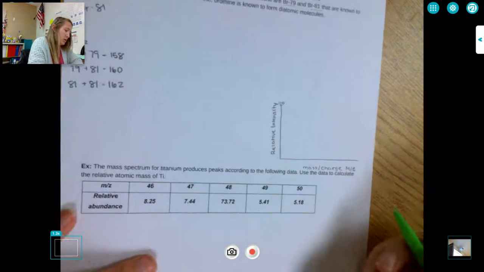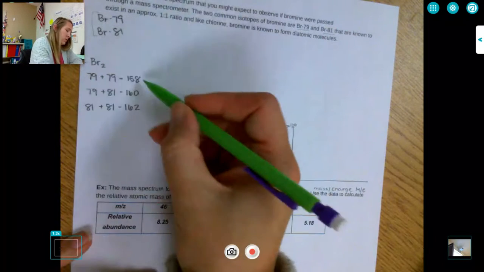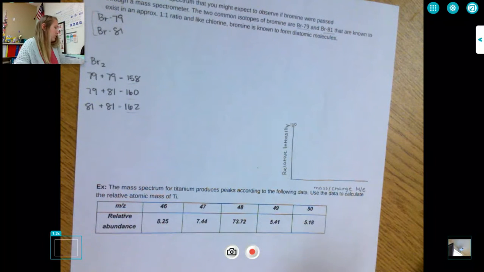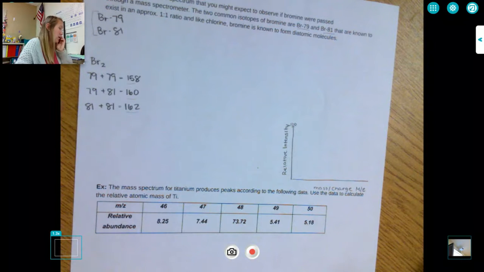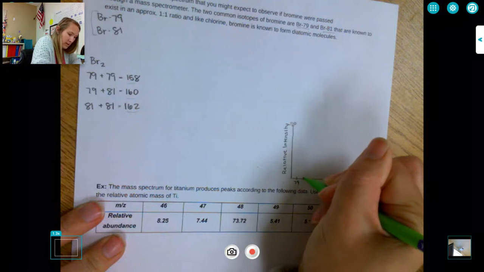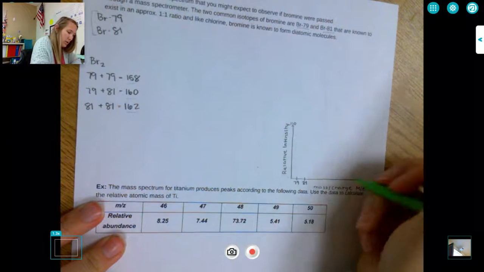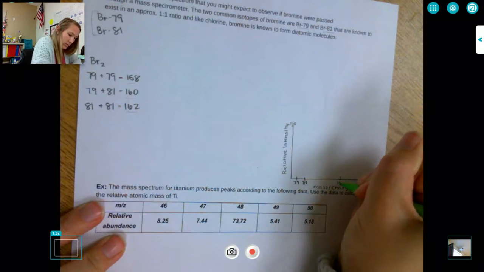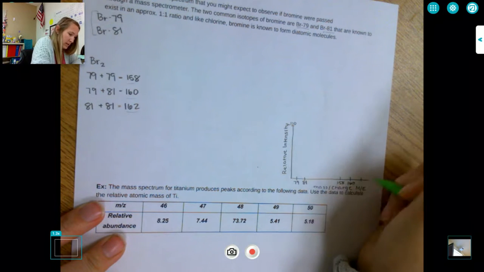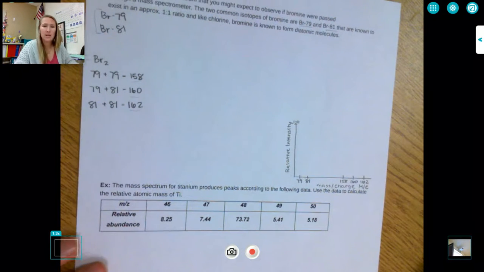My mass to charge, my options are 79, 81, and then these. So I'm going to include all of those on my graph as well. So I'm just going to record 79, 81, a jump, 158. These do not have to be to scale. 160 and 162. So I know that those are my isotopes that I'm looking at.